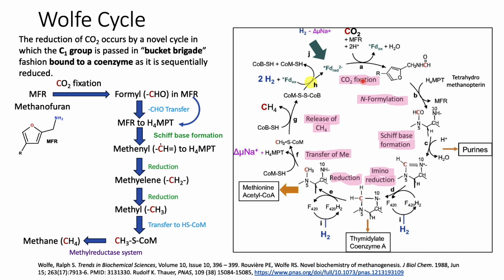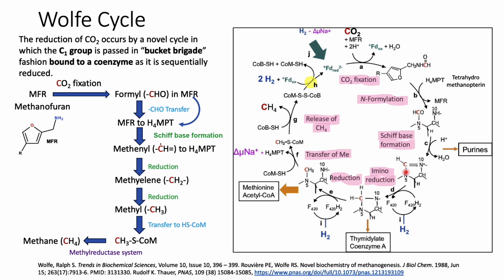So the first one is the carbon dioxide fixation, then it is followed by the N-formylation reaction, then Schiff's base formation. We will be looking at each step elaborately. And this Schiff's base formation is followed by the imine reduction. So this is the Schiff's base that is being formed, and this is the N-formyl group transfer that actually happens.